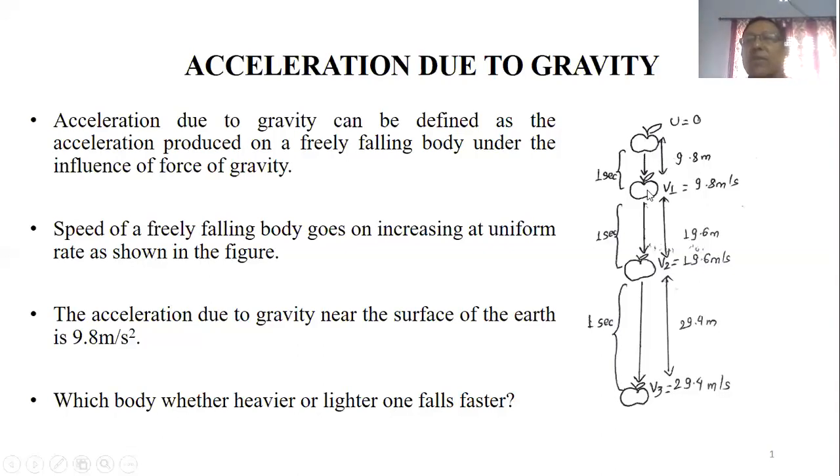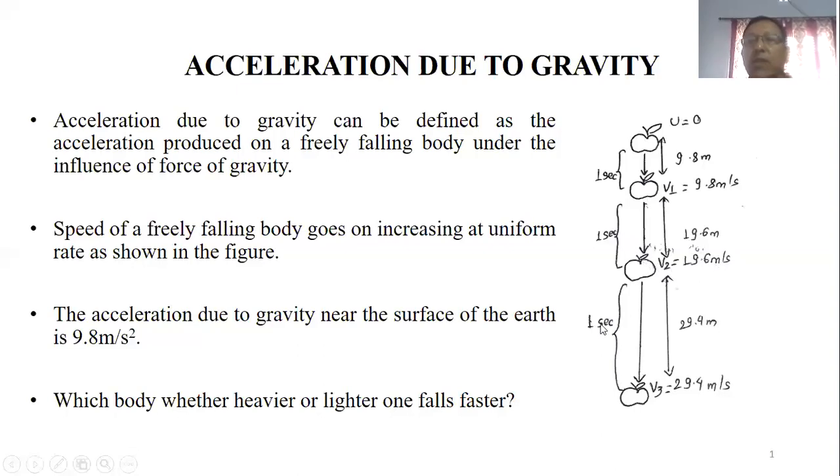That means its velocity v1 becomes equal to 9.8 meter per second. Again, in the second 1 second, it covers 19.6 meter distance. It means its velocity v2 becomes 19.6 meter per second.